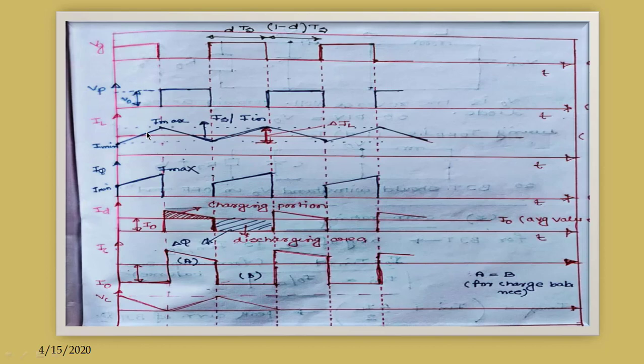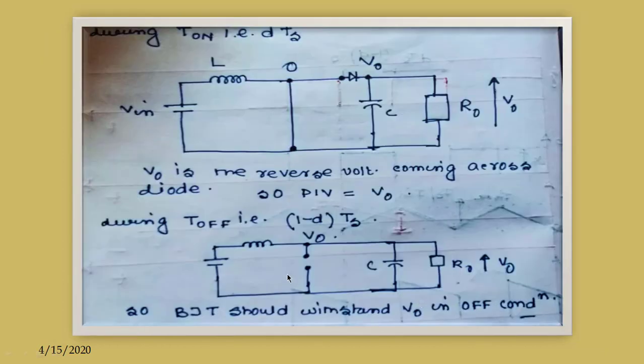Now when BJT is off, this is V in, this is V naught, this is L, so the slope is V in minus V naught divided by L. Now if we think carefully, we know for this boost converter this V naught is higher than this V in.